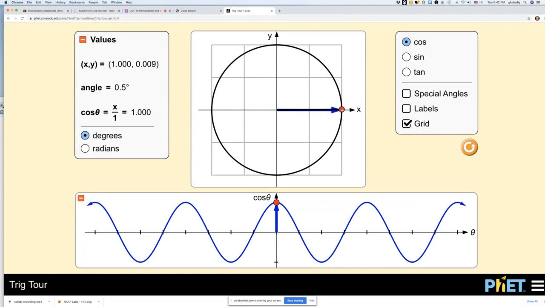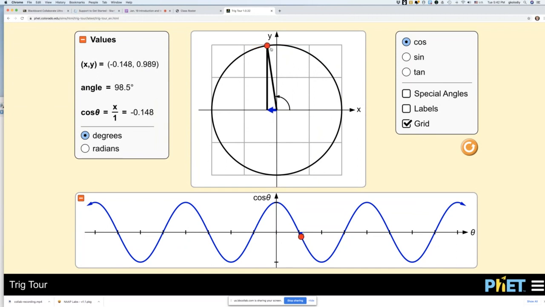Don't forget the hypotenuse is 1. And as we go up, that blue leg gets smaller and smaller, therefore the cosine gets smaller and smaller. And once you get into here, that blue arrow is negative. So that's why cosine is negative.